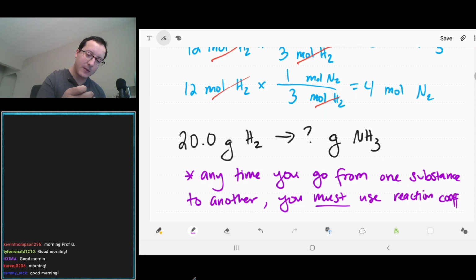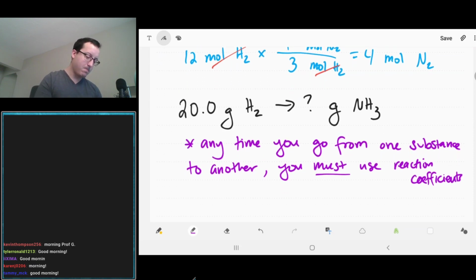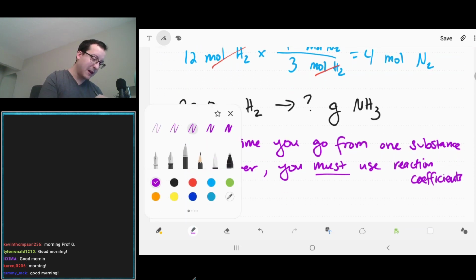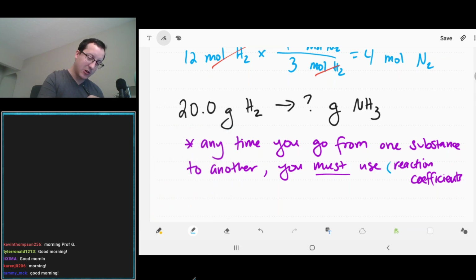Oh, that's not going to fit there, is it? Okay, and remember that those reaction coefficients are a conversion factor.